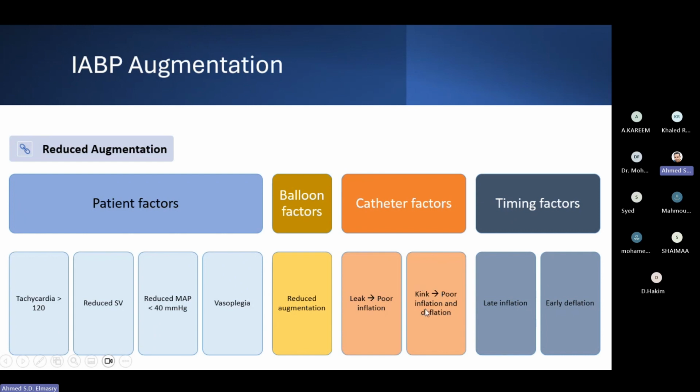If you have a kink, this will lead to poor inflation and also poor deflation, and will affect the augmentation of the balloon. And if the timing is not appropriate, this might affect the augmentation. Like if you have late inflation and or early deflation, you will get reduced augmentation, and this will be discussed later.